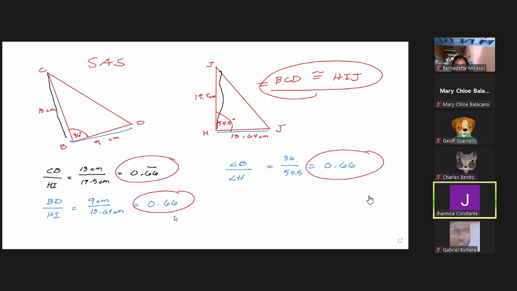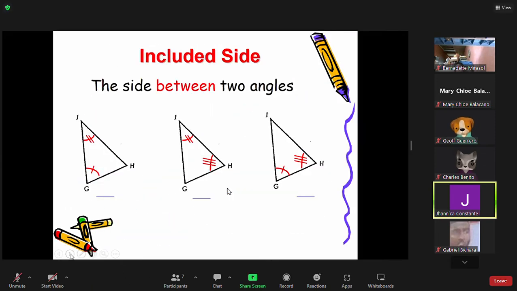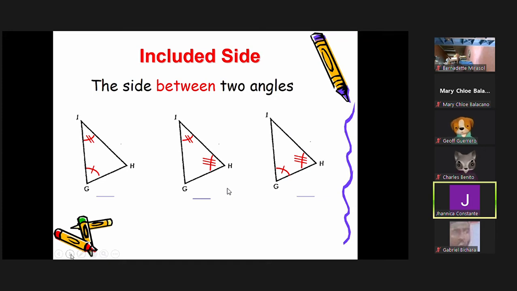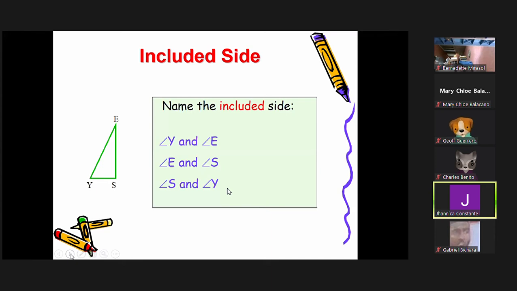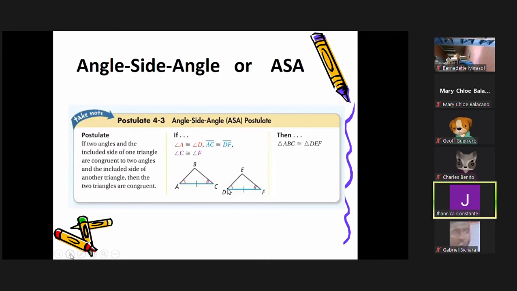So let's proceed with the third postulate that we have, the side between two angles, the angle side angle or the ASA postulate.